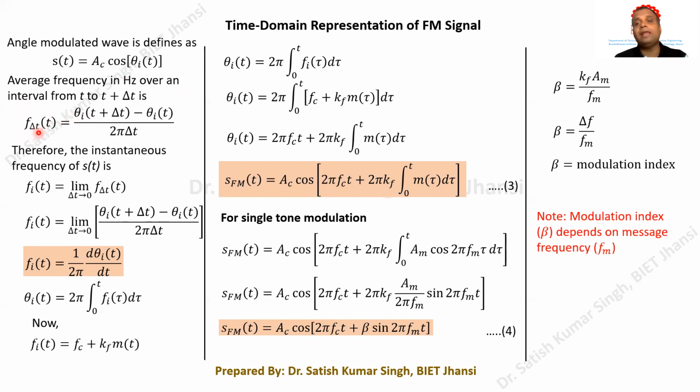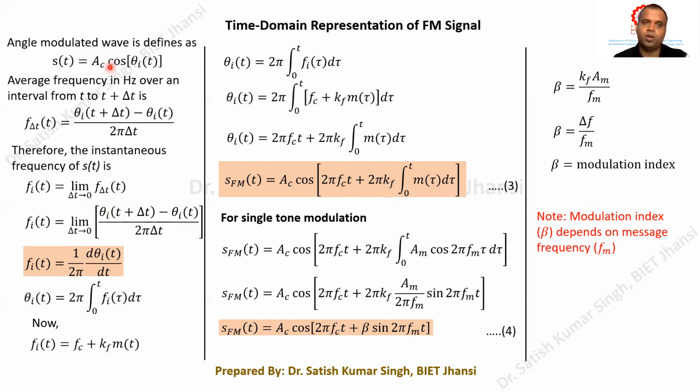Now, if we wish to calculate the instantaneous frequency of this phasor, we can calculate f_i(t) by substituting the limit, meaning when the time interval is very small. When delta t tends to 0, the average frequency gives us the instantaneous frequency.